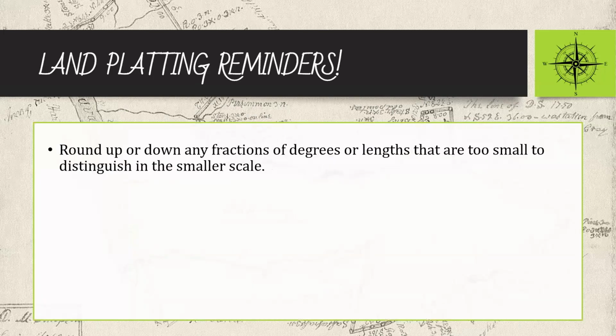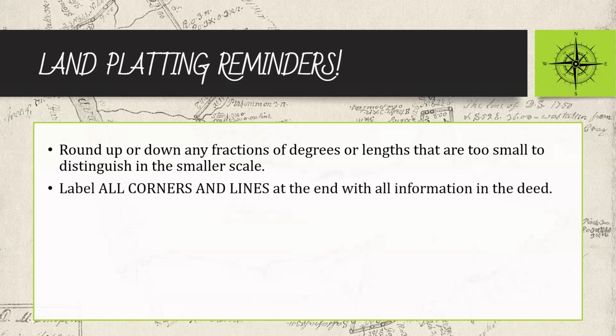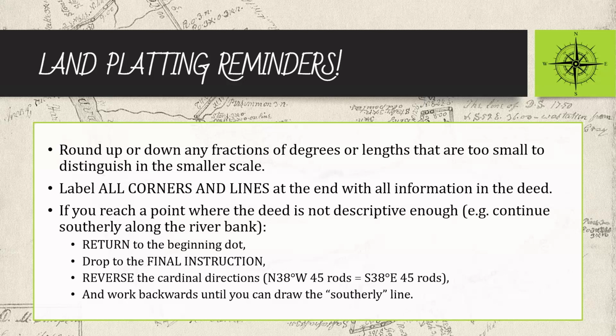Some reminders here: round up or down any fractions that are too small. Just remember if you rounded up or down, try and be consistent with that. Make sure you're labeling everything. Again, like I said, if you get to a point where it's not descriptive enough, go back to the beginning dot, drop to your final instruction, reverse your cardinal directions, and work backwards.